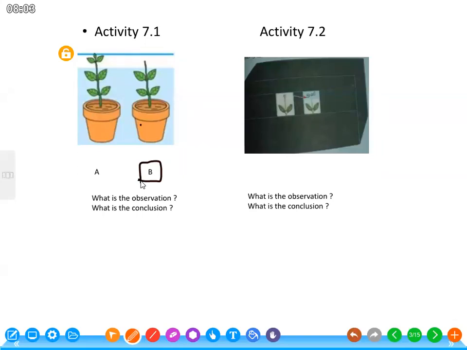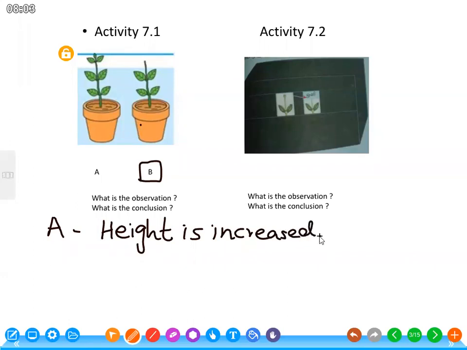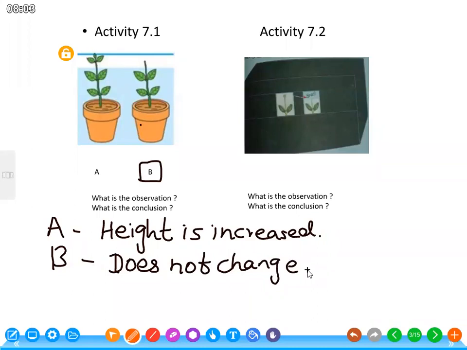So, what is the observation? In A, height is increased, and B does not change.